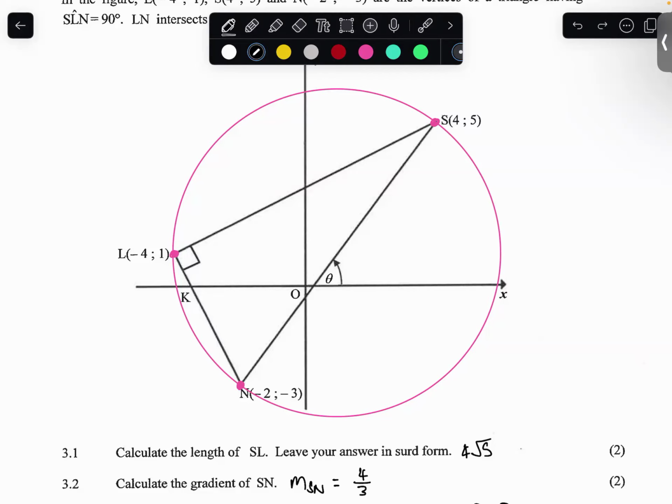And so if they are talking about P being equidistant from S, L, and N, then naturally P should lie on the diameter of the circle and be the center of the circle, because the only way that P would be equidistant from all 3 of those points is if it's the center, and these distances are radii. Because that's the only way it would be equidistant, because all radii are equal.